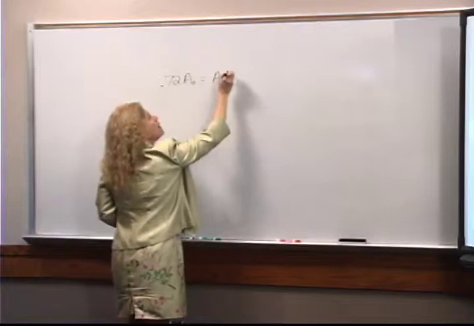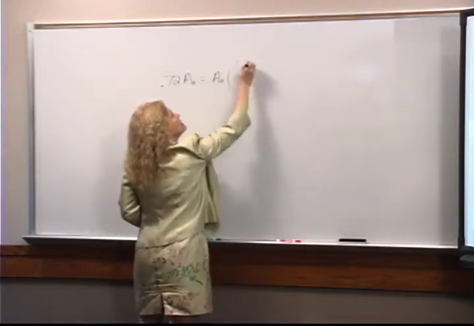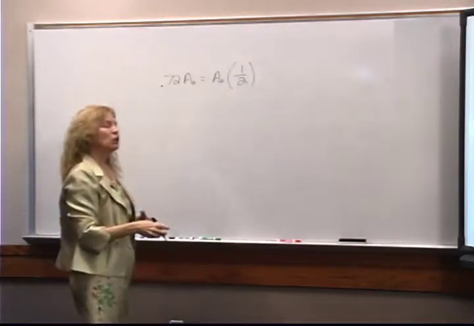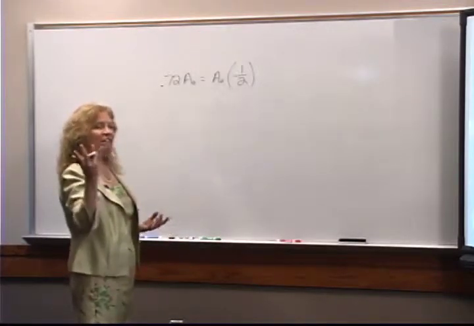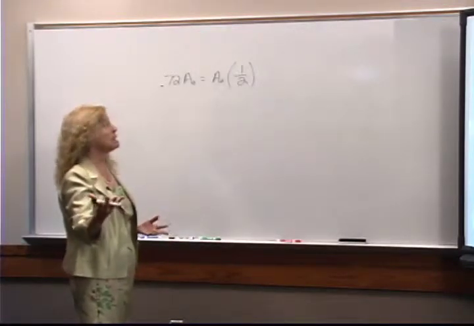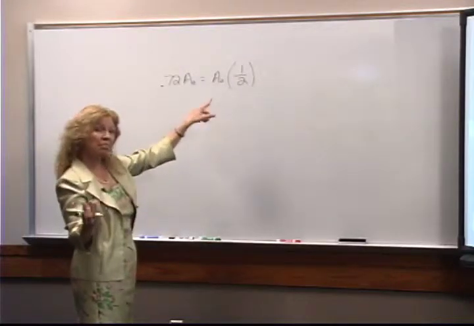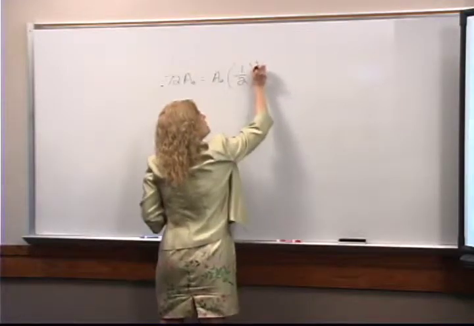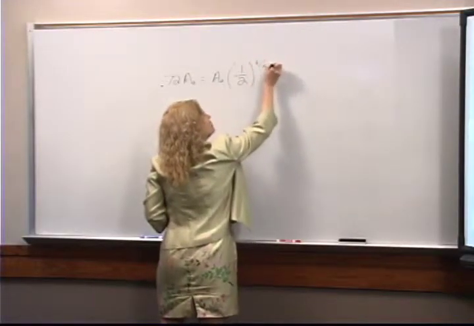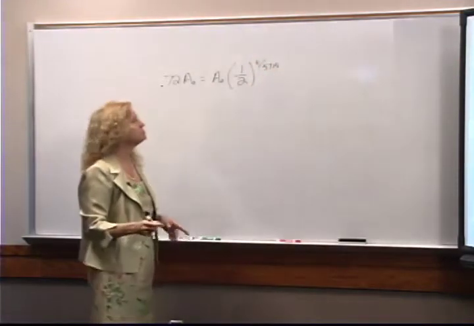That's going to be my original amount times 1/2 raised to the number of half-lives. Now, you can either put an h up there and adjust later, or you can put t divided by 5715. Your choice.